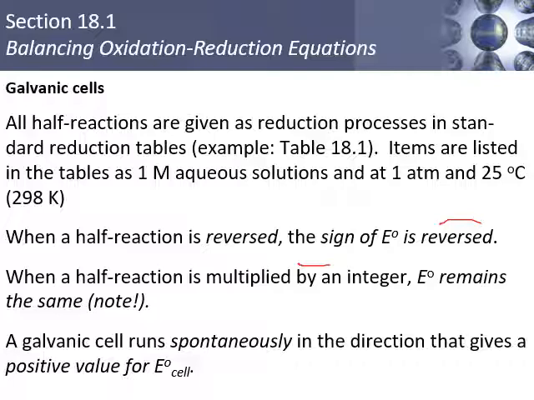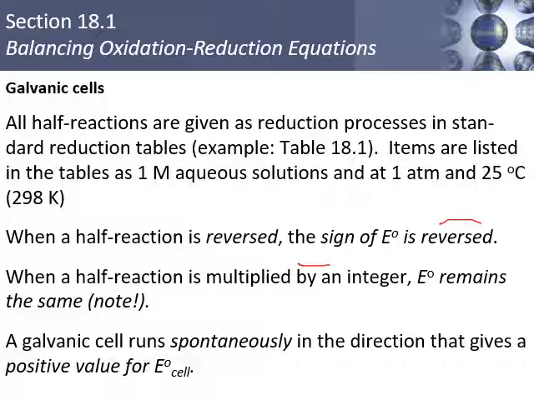For example, if one half reaction only produced 1 electron and the other one gained 2 electrons, then you would have to multiply the first one by 2, but you don't change the voltage. It's like if you have a piece of blue paper, then if you cut that piece of paper in half, it's still blue, right? It doesn't matter if you have half a sheet that's blue or 1 sheet. And that's the way it is here with the voltage. The voltage or potential is intrinsic. It doesn't depend on how much is present.